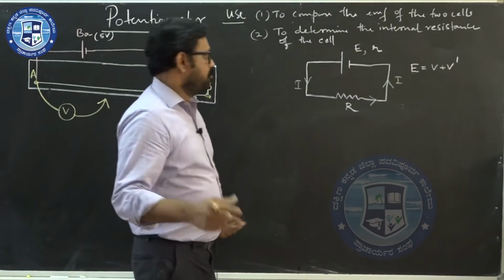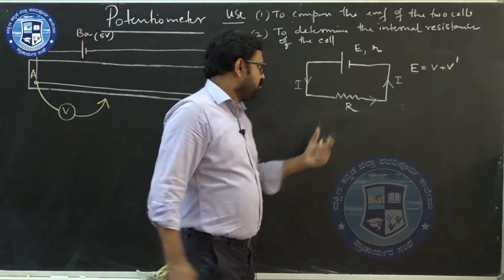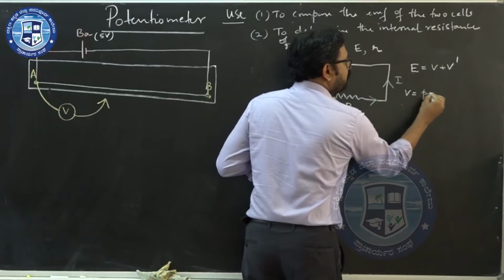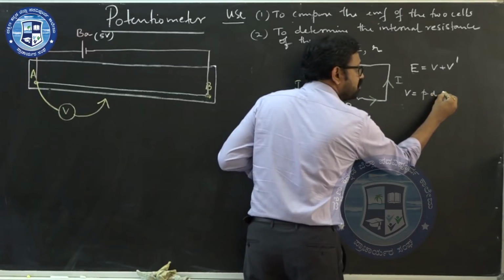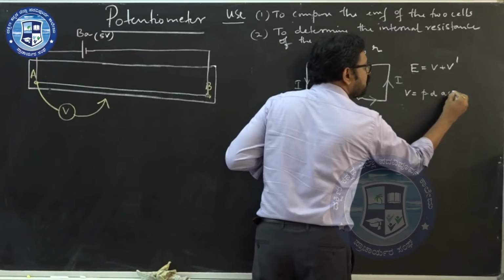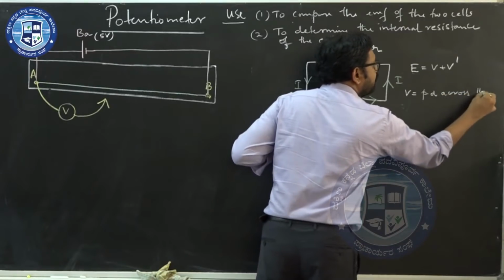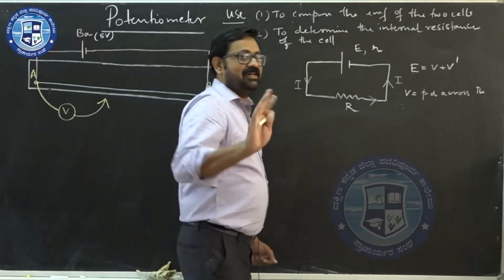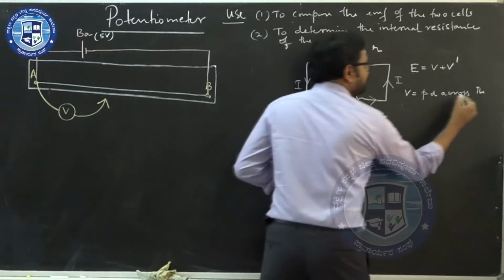In the above formula, V is called the potential drop across the external resistor. It is also called the potential difference across the terminals of the cell.